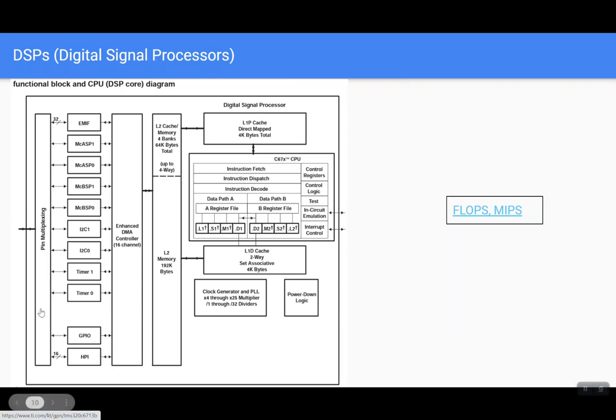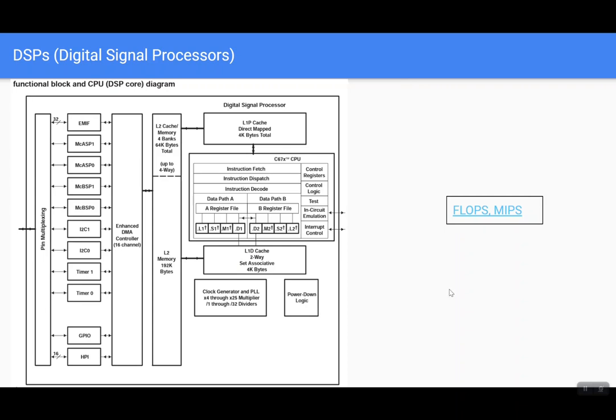That's a block diagram. As you can see, there are so many different blocks. This is an I2C block, timers, general purpose I/O, some serial external memory interface, and this is the CPU side of it, which has multiple data paths, cache. Yeah, so we will go into the details. Level 1 cache, as you can see here. We will go into the details when we discuss DSPs and the most commonly used blocks.